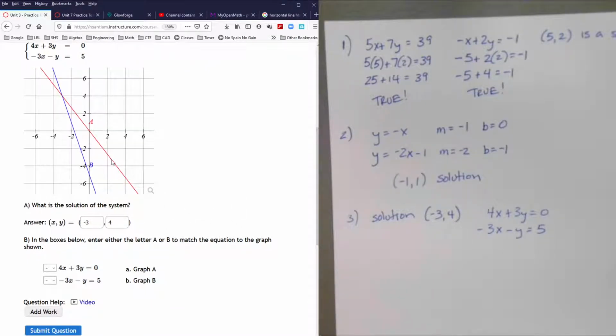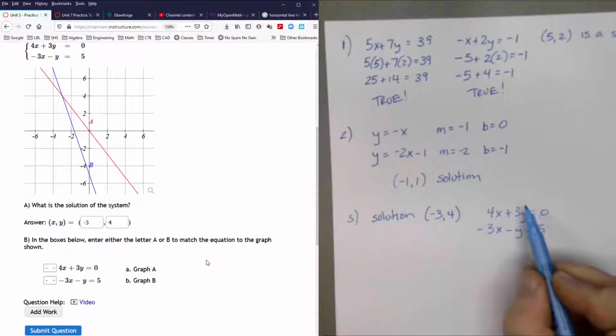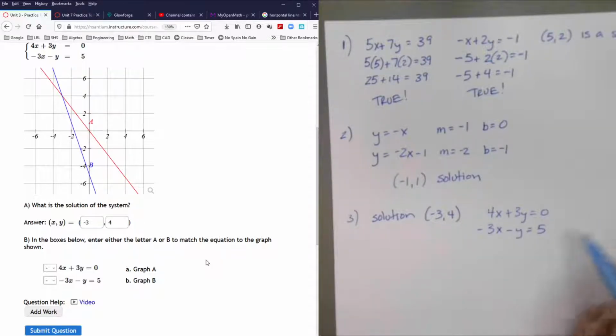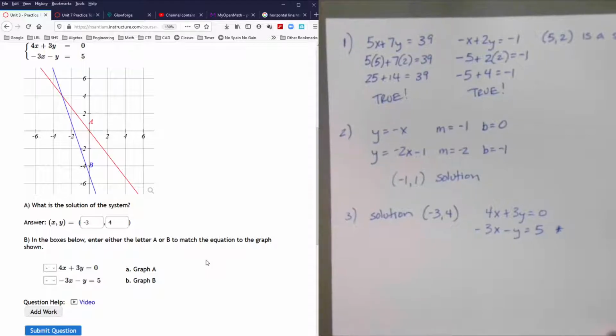Okay, so the red one is A and the blue one is B, and so I have to figure out which one is which. So a nice way to do that would be if I had one of these in slope-intercept form. So if I had it in the form of y equals mx plus b, then I could do that pretty easily. So I'm going to look at this equation right here because it is pretty close to y equals mx plus b.